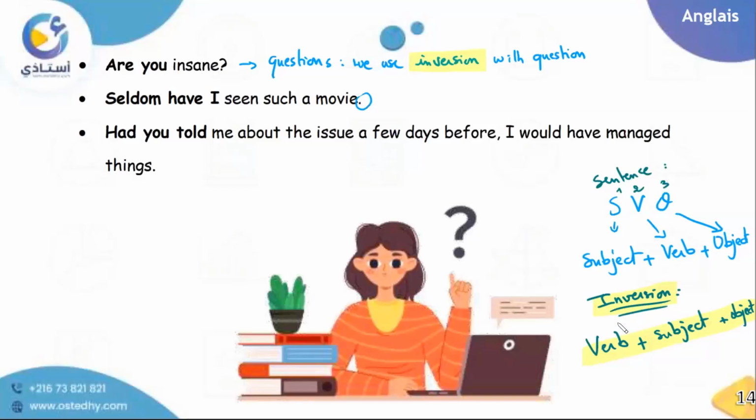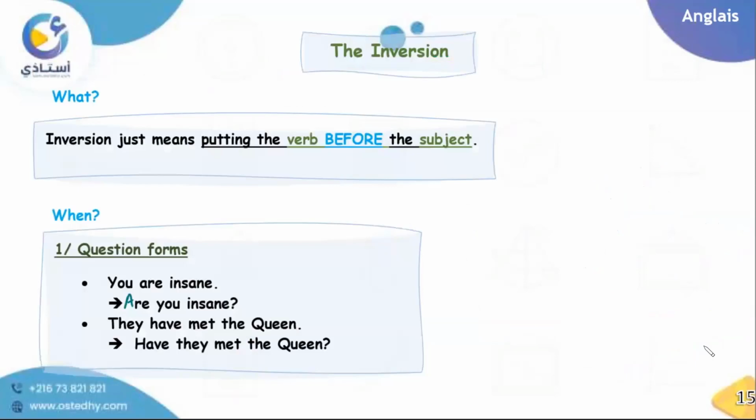Sometimes we need to use inversion. What do we mean by inversion? We invert these two. Instead of starting with the subject, we start with the verb. So this changes its order. The second one comes first, then the subject, which is the first one, and then the object. See, that's inversion.